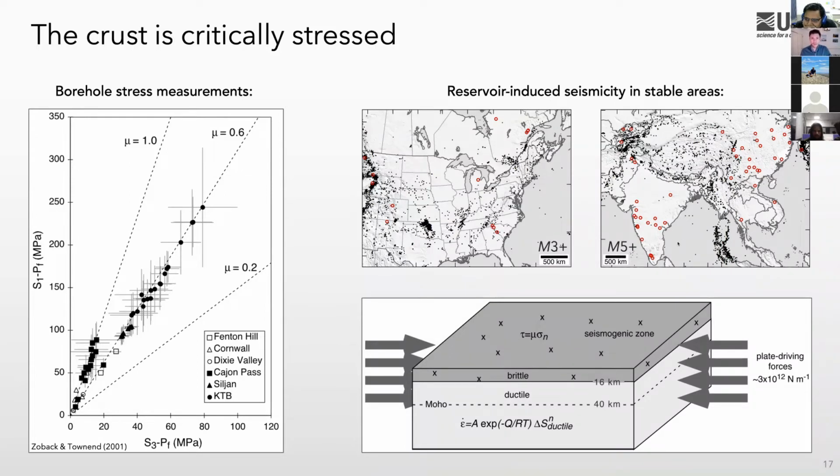A number of them have happened in India. They've been very destructive, Eastern China as well. And it's important to recognize that these are caused by very small changes in the stress field. It's just water being added to the Earth's surface. But these areas were critically stressed. Those faults might not have failed for another 100,000 years, but that small amount of stress perturbation caused them to fail.